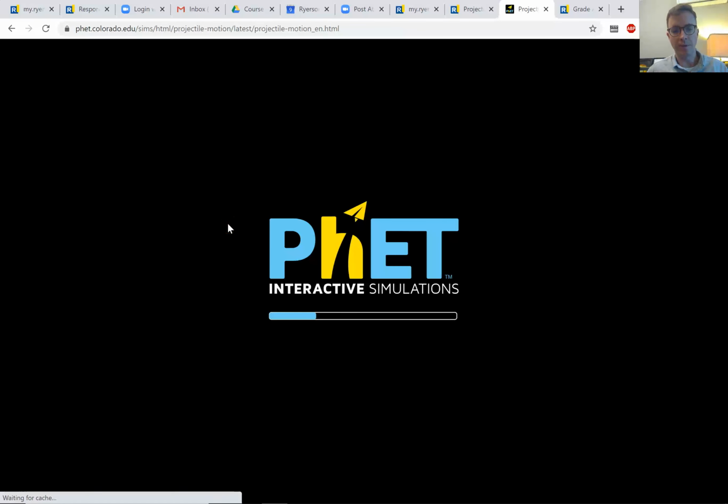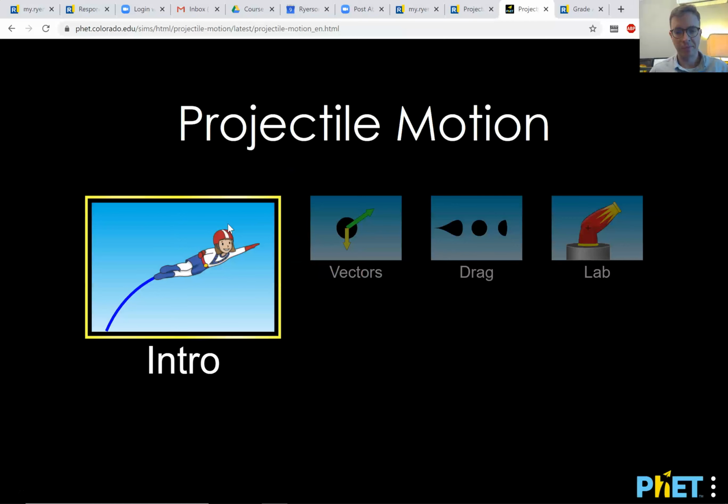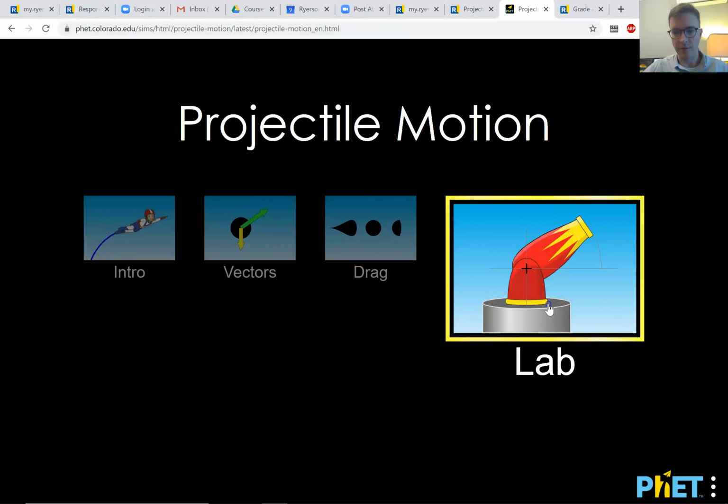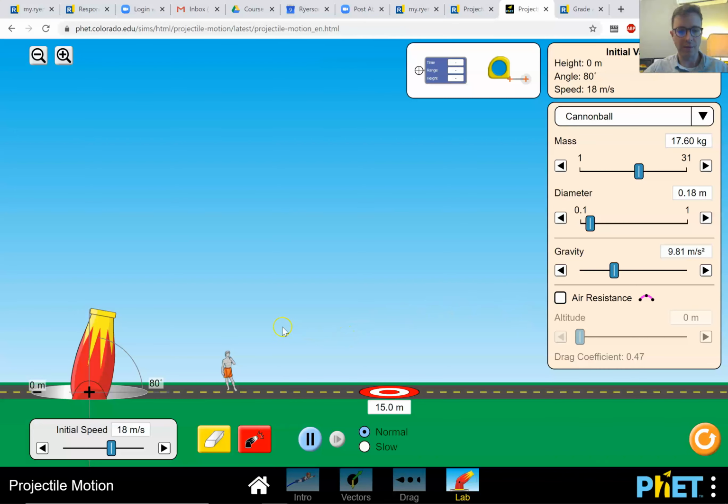So as I wait for this thing to load, I think this is good. So we'll go to the lab part of it. All right, so you have a cannon here. You can change the angle and you can launch it with different speeds. So let's take the initial speed to be 18 meters per second. And I'm going to launch it. Here we go. And you will also be able to time how long it takes.